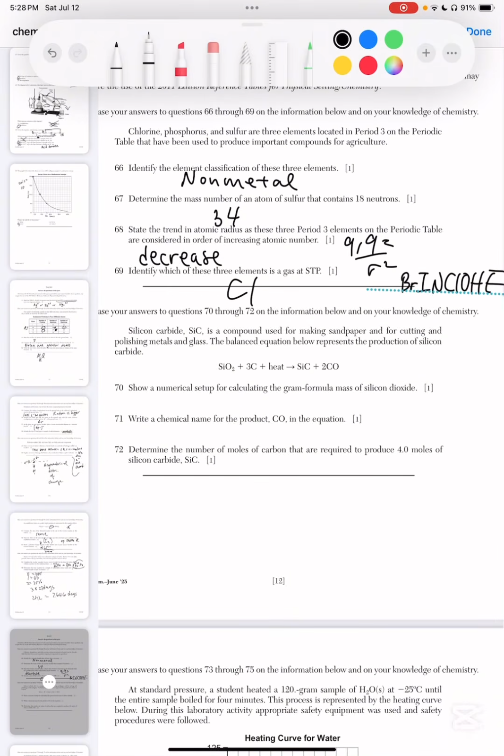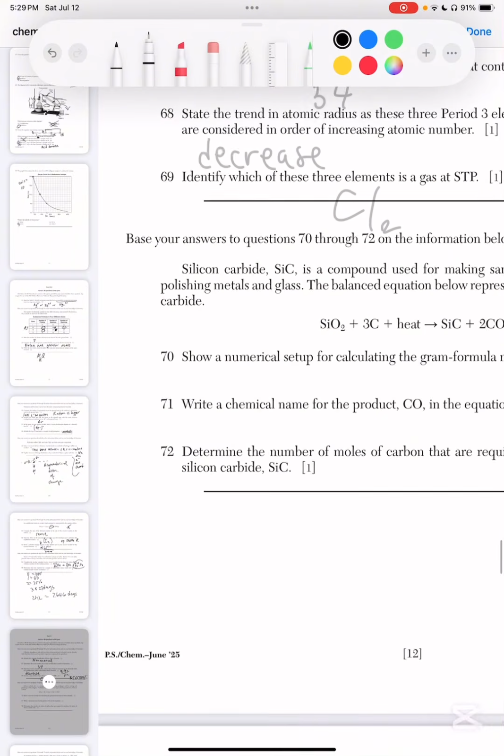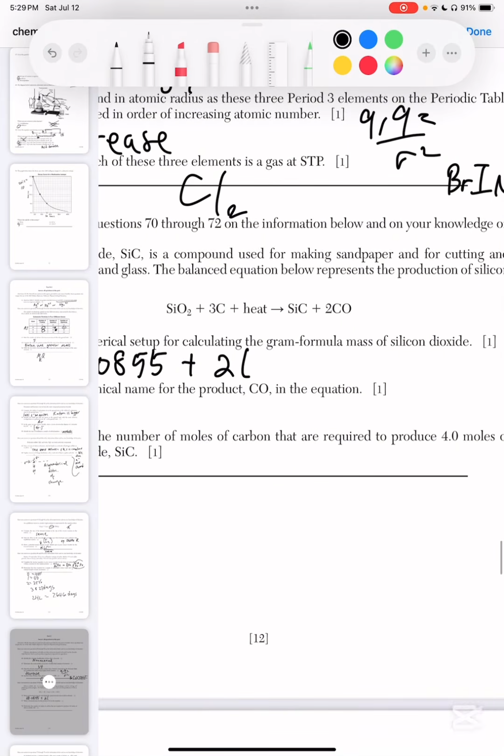Show numerical setup for calculating the gram formula mass of silicon dioxide. Okay. So I guess you just do silicon is 28.0855 plus 2 times 15.93914.